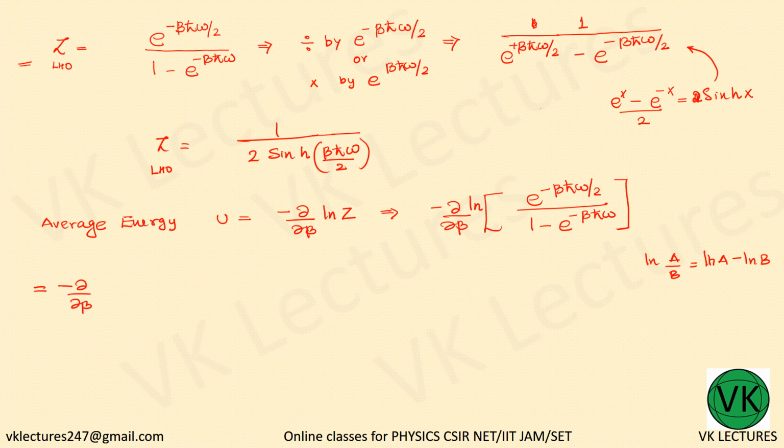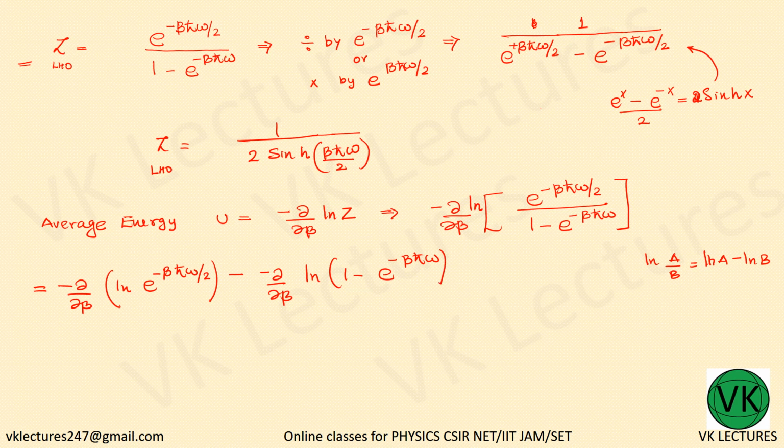The first term is log of e to the power minus beta h cross omega by 2, then minus, of minus dou by dou beta of log 1 minus e to the power minus beta h cross omega.